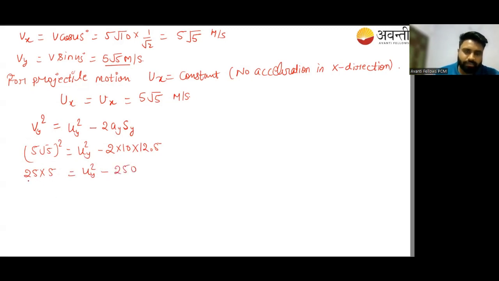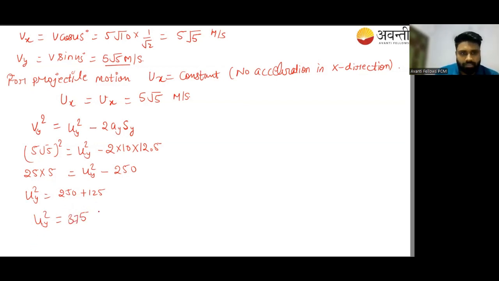And it is 125 again. 25 times 5 is 125. So uy square will be 250 plus 125, which is nothing but 375.